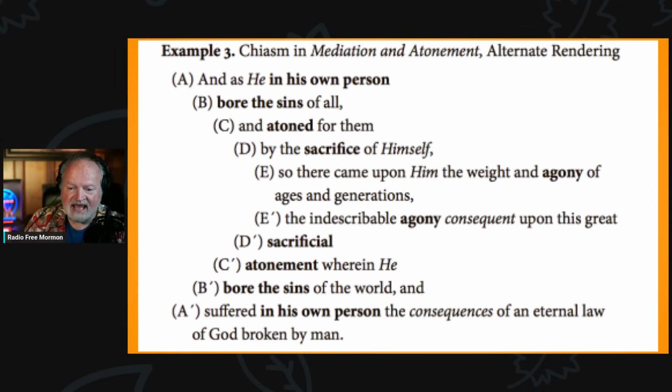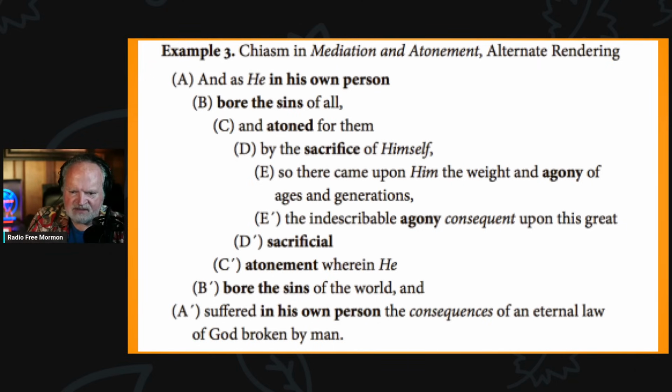A, and as he in his own person, B, bore the sins of all, C, and atoned for them, D, by the sacrifice of himself, E, the center of the chiasmus. So there came upon him the weight and agony of ages and generations. Now, sub E, the indescribable agony consequent upon this great, and you can see agony is in both of those sentences, the E and the sub E. Now we go to sub D, sacrificial.